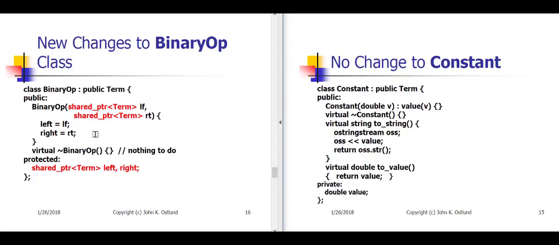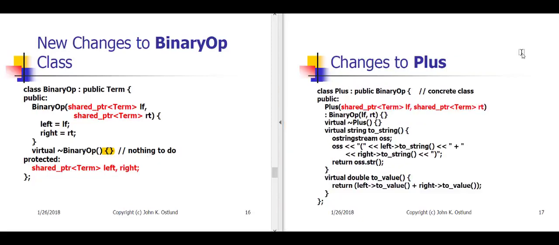Okay, so we simply replace term star with shared pointer and then term in angle brackets to indicate that we're using smart pointers to these left and right sides. The destructor for binary op now has nothing to do because the shared pointers will clean up after themselves.